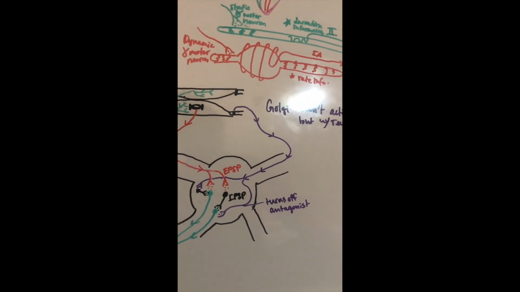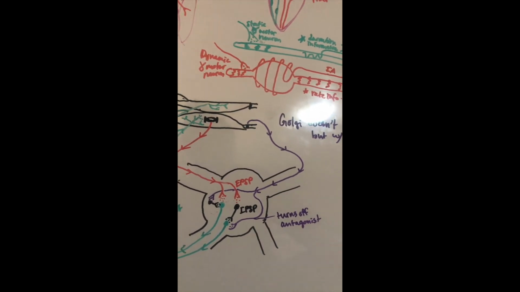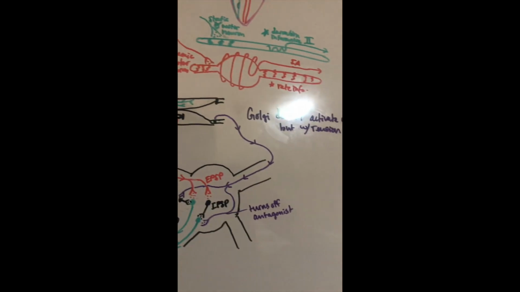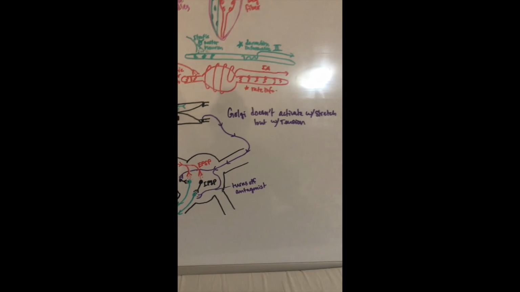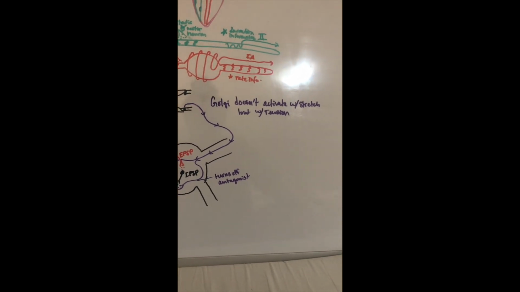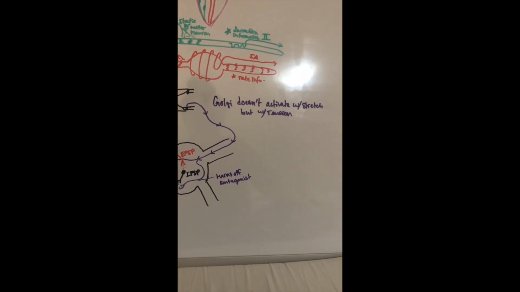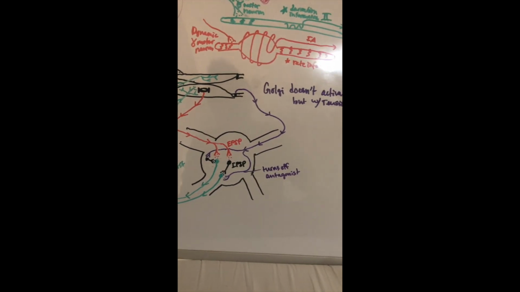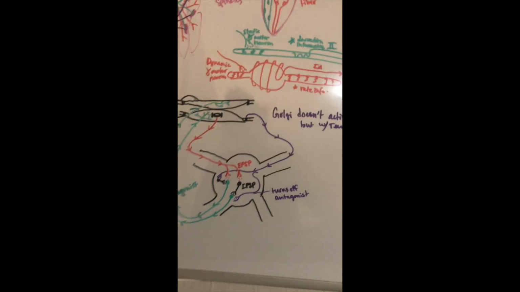And this causes then our Golgi tendon reflex. Now, let's clarify that. The Golgi tendon reflex doesn't activate with stretch, but with tension. So when you have tension on that tendon, that's when you get your signal.